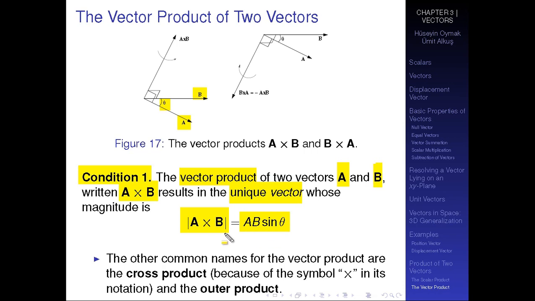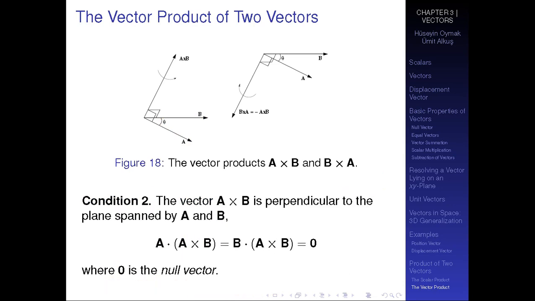The two other common names for the vector product are the cross product because of the symbol cross in its notation, and the outer product. Okay, that's enough for condition 1, and let's discuss condition 2.